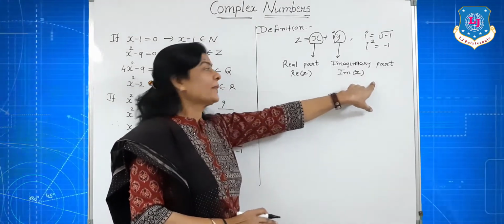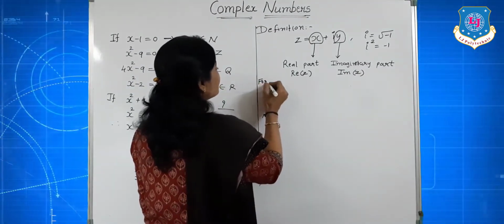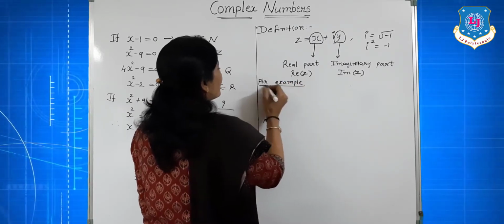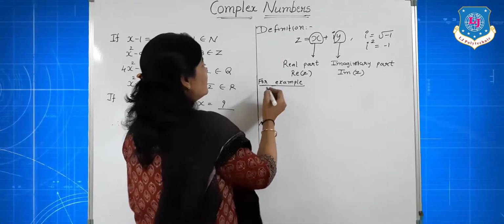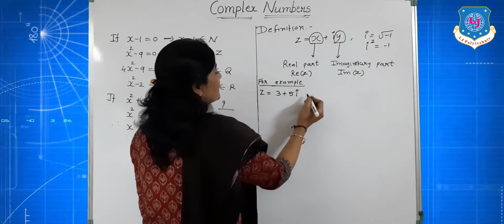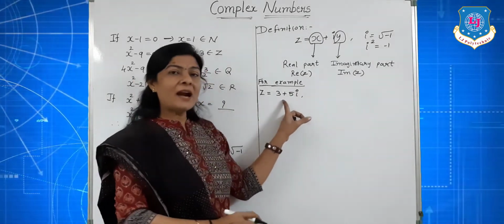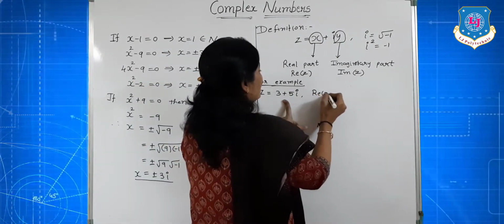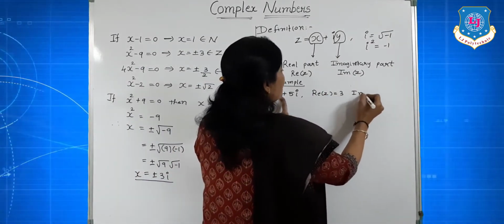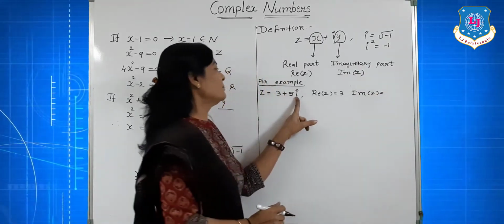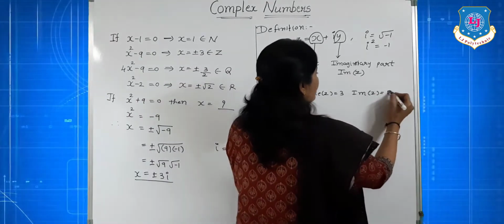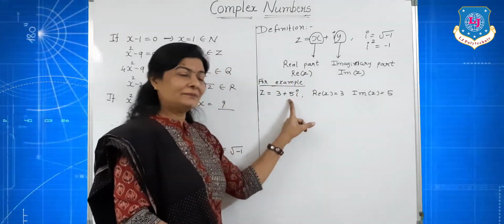For example, z is equal to 3 plus 5i. Then real part of z is equal to 3 and imaginary part of z is equal to 5 because the coefficient of i is 5. So imaginary part of z is equal to 5. Clear?